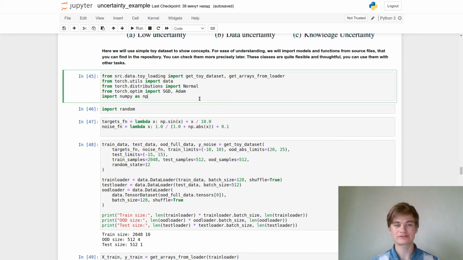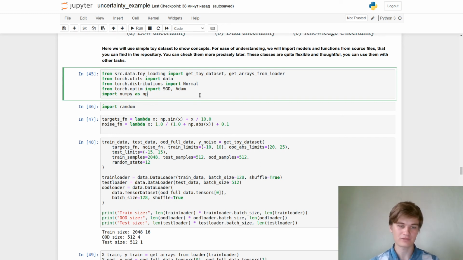I took these sources from our work about regression prior networks, and they are quite flexible and useful, and you can adapt these classes to your work and try them if you want.